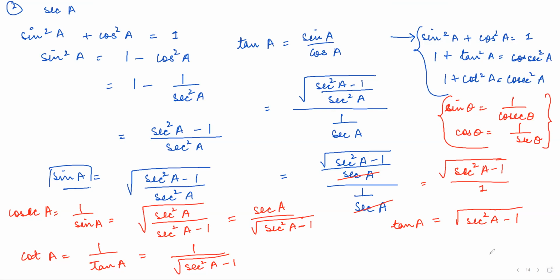Yes, ma'am. Okay, so a quick revision of what we have done so far. First of all, try to recall: the inverse relationships, then the complementary relationships, and identities. So just a recap. Inverse means sine of theta is 1 upon cosec theta.